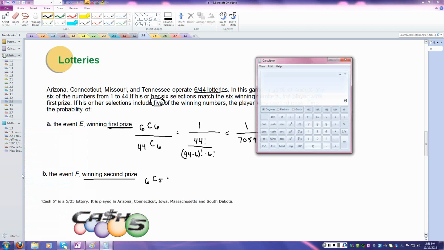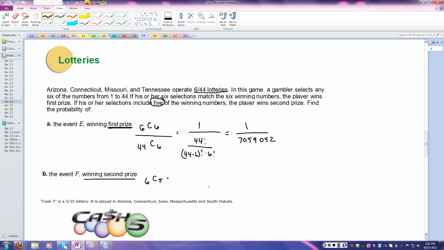So if I do 44 minus 6, that tells me there's 38 losing numbers. So I can pick any of the 38 losing numbers over the total number, 44 choose 6. So my number on the denominator is the same, 7,059,052.